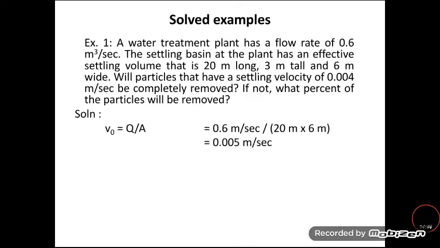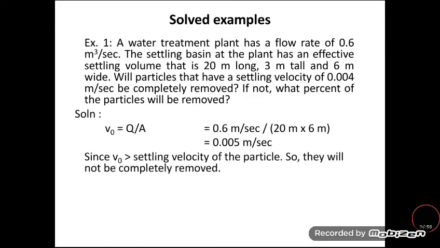So we can get the value of V as 0.005 meter per second. Here the horizontal velocity is more than the settling velocity of the particle, so they will not be completely removed, because if the horizontal velocity is more, then the particles tend to move through the water. If the settling velocity is higher than the horizontal velocity, the particles tend to settle down.